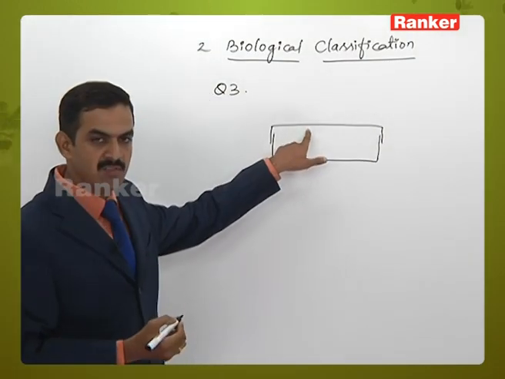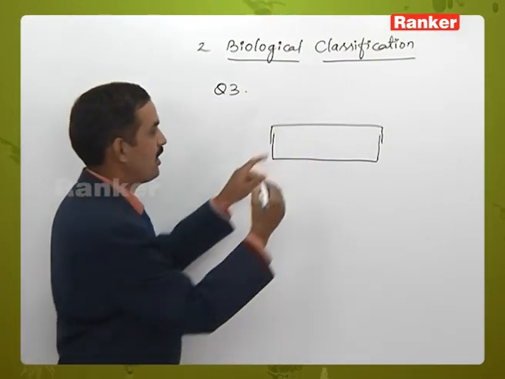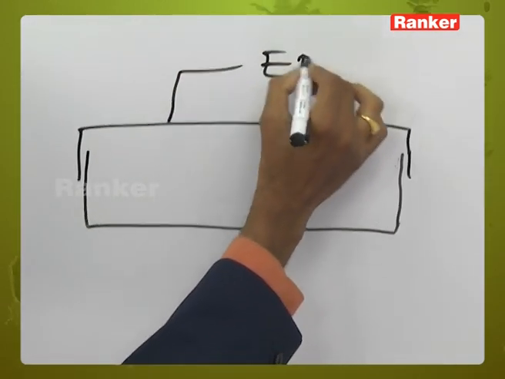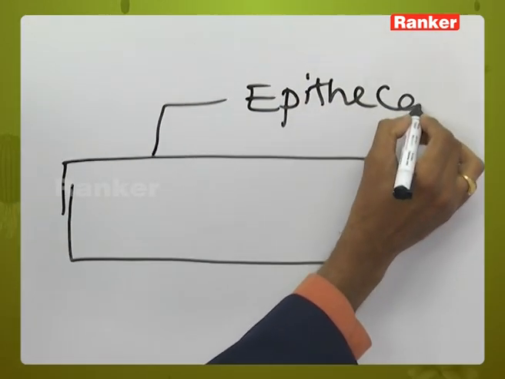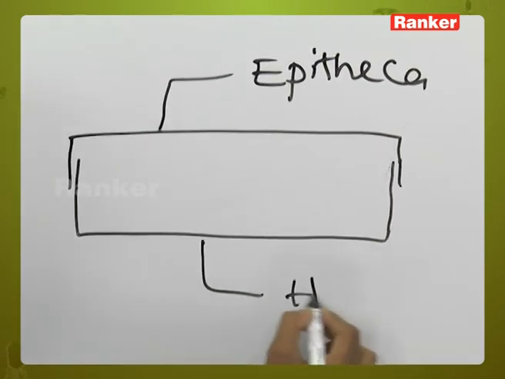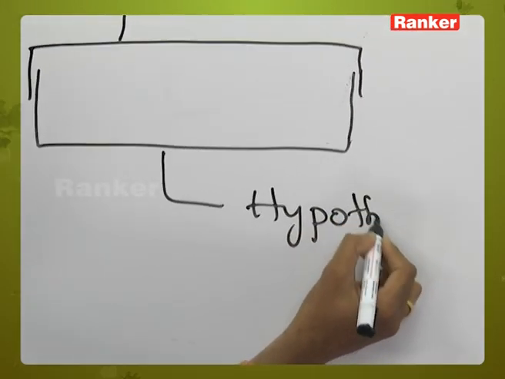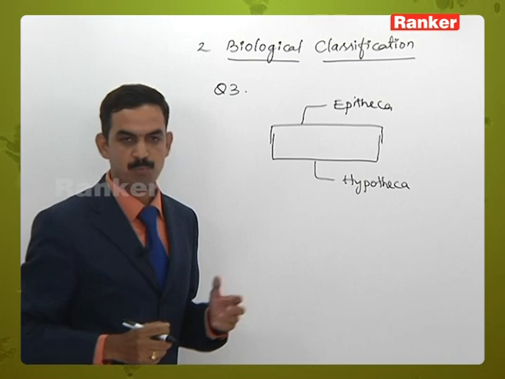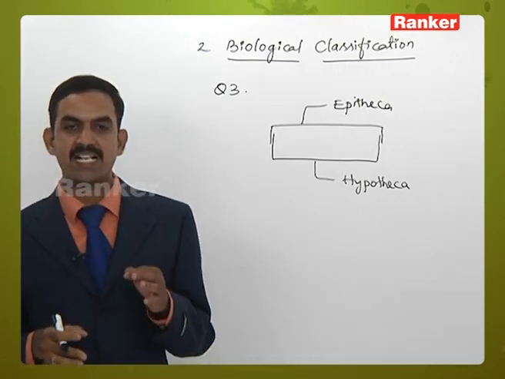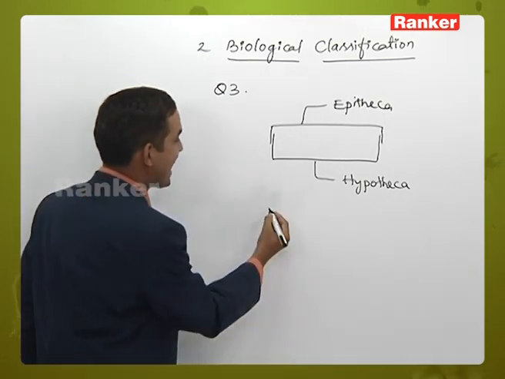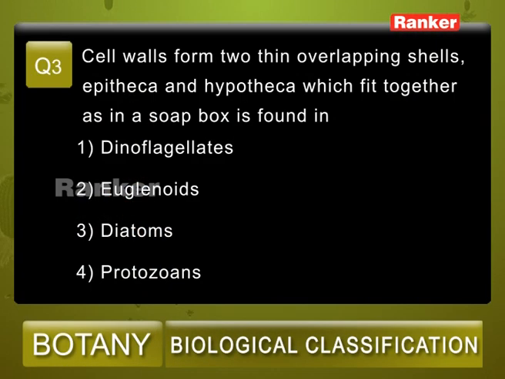The upper one which overlaps the lower one is called epitheca, whereas the lower one is called hypotheca. This type of organization is present in diatoms. So the correct answer for question number 3 is 3, that is diatoms.